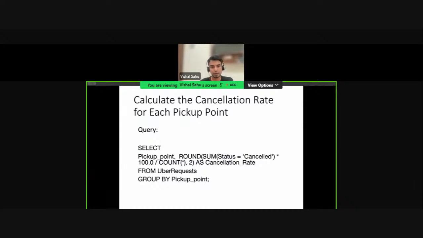That is how this formula calculates the cancellation rate. I'm dividing the sum of all the cancellations by the total requests. I have just used a simple formula here, and then I have grouped it by pickup point.